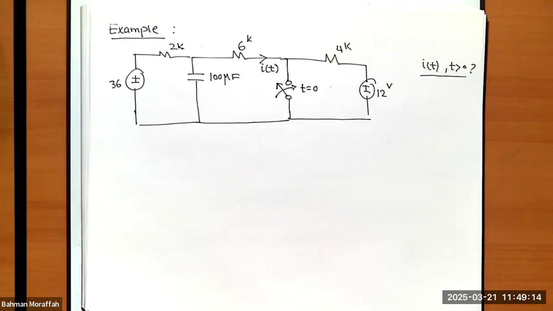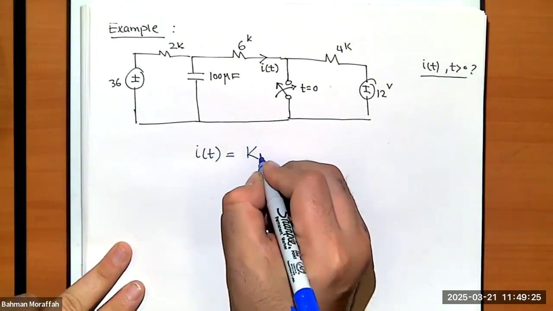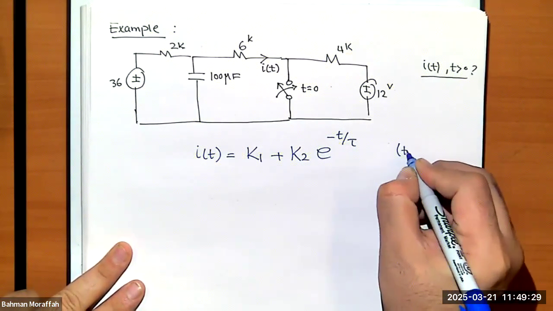Good news is, since we're doing the step-by-step method, we already know IT should look like an exponential. So IT is some constant K1 plus K2 e to the minus t over tau for all times greater than 0.